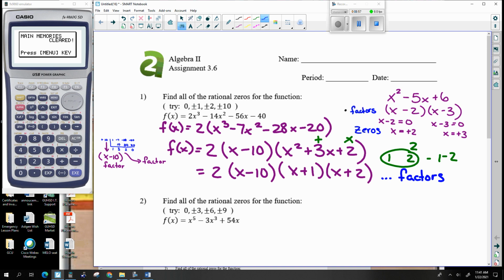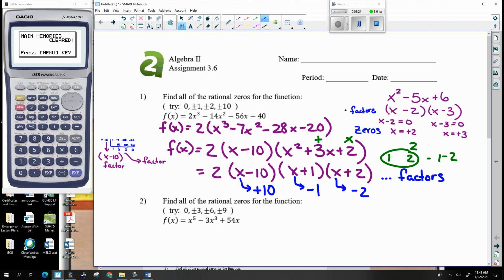All right, so all of these are quote-unquote factors. This question is asking for what are the zeros of this. So I'm going to get an answer for every single one of the x's that I have. So I have 1, 2, 3 x's. That means I'm going to get 3 answers. This first x minus 10 is going to be +10. This next x is going to be -1. This last x is going to be -2.